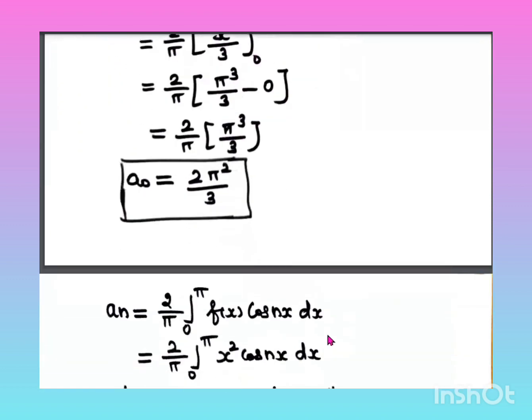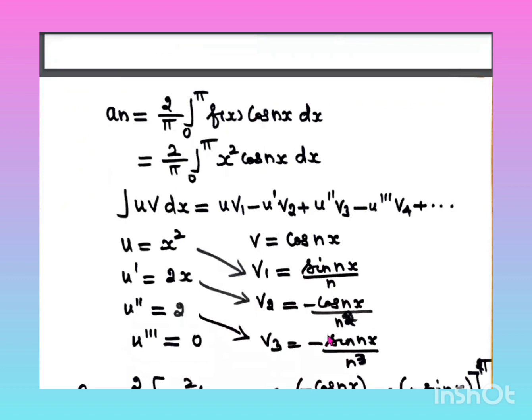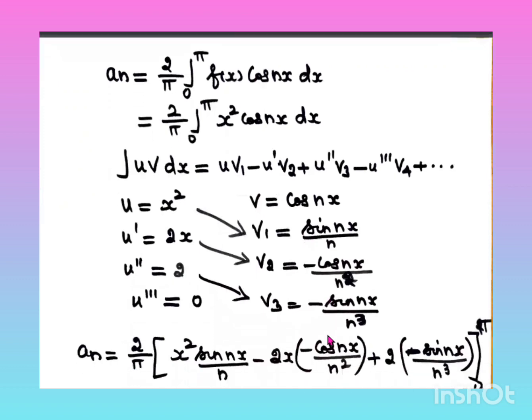Next you have to find the an value. An is equal to 2 divided by pi integral over the limit 0 to pi f of x cos nx dx, which is equal to 2 divided by pi integral 0 to pi x square cos nx dx.